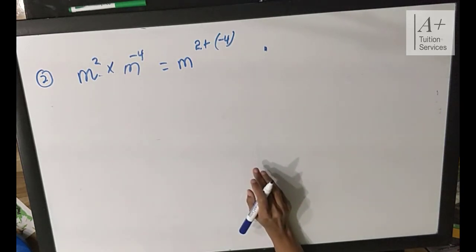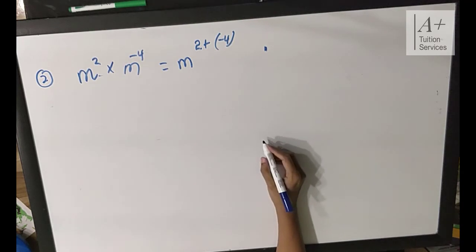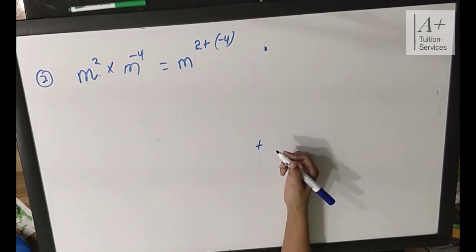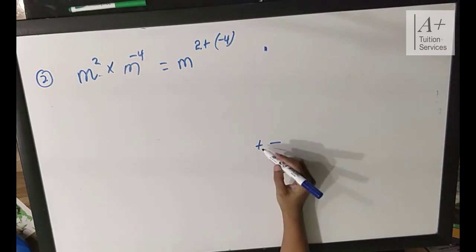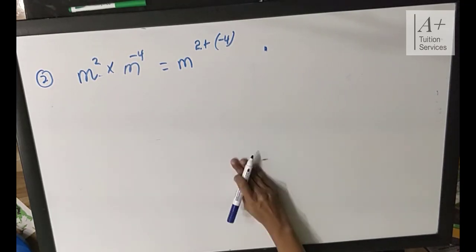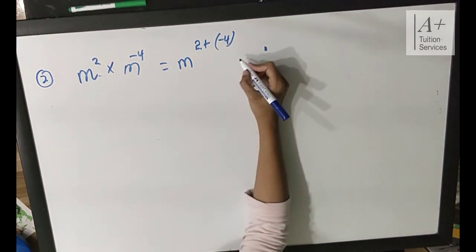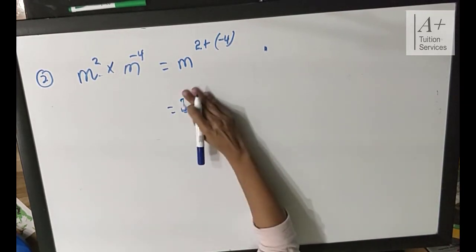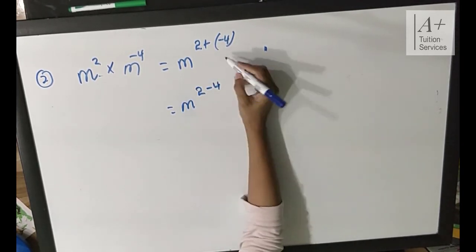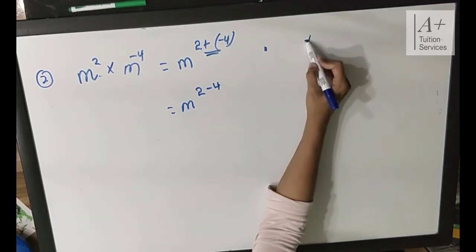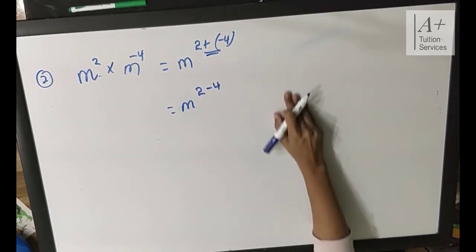And this is simple. When we have two signs, a plus and a negative, two different signs make a negative, which means it is equal to m to the power of 2 minus 4. These two signs, a plus and a minus, are multiplied, remember brackets mean multiply.